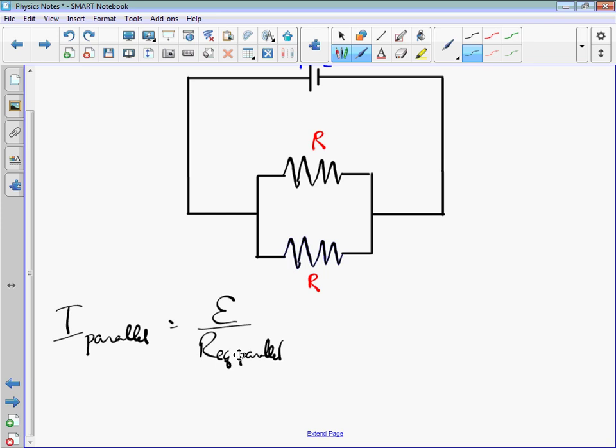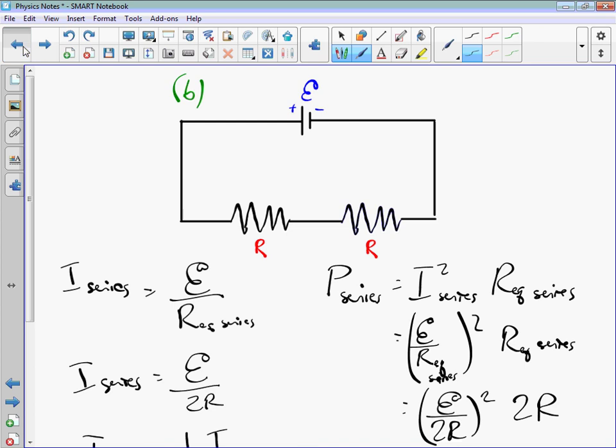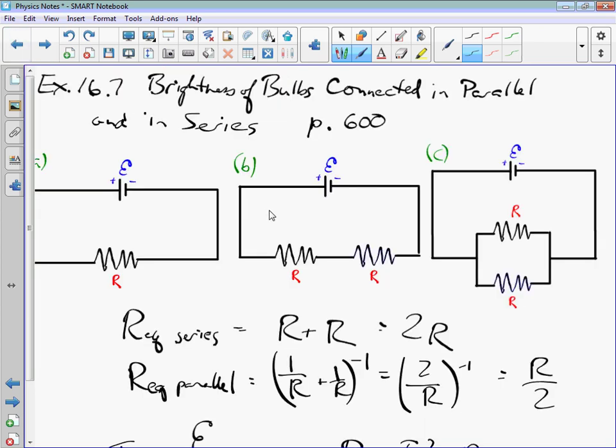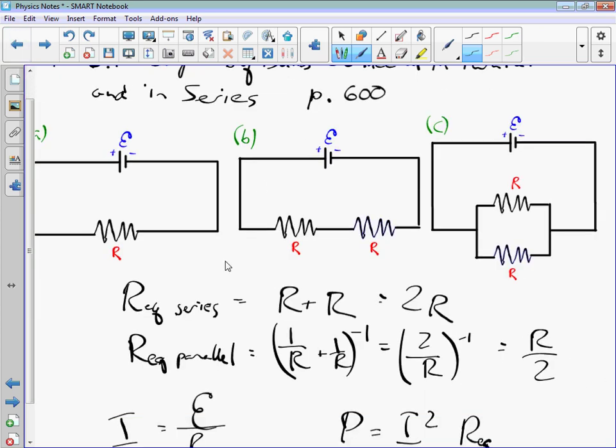If I relate this back to, yet again, our equivalent resistance in parallel, what was that? That was R over 2.